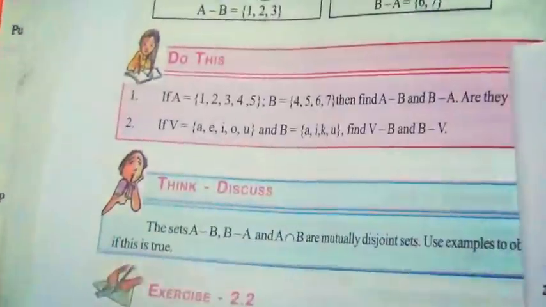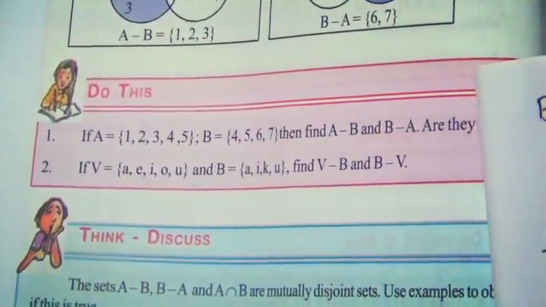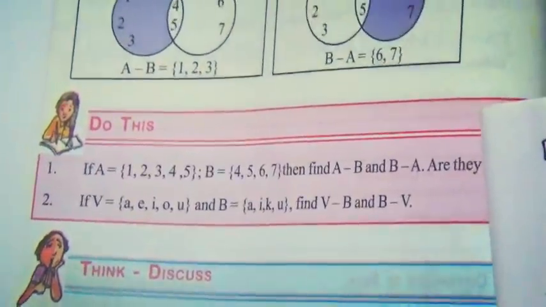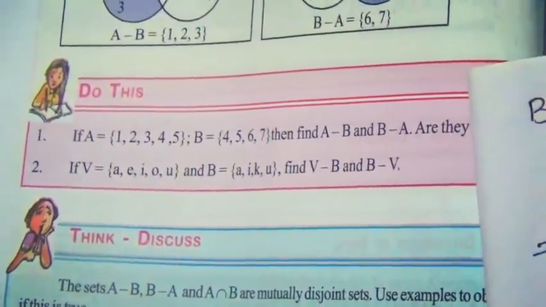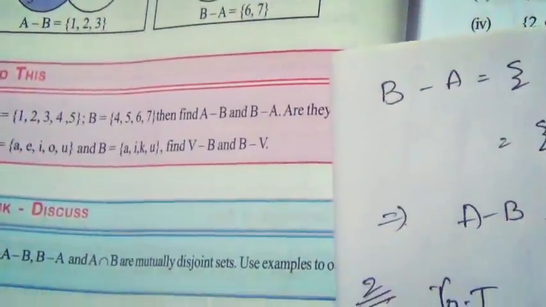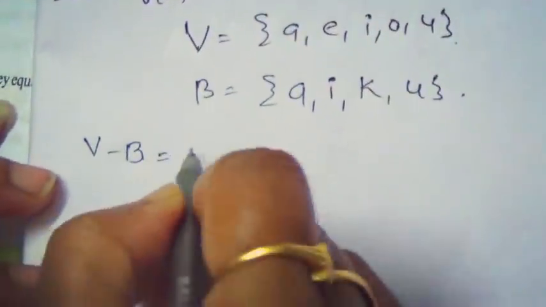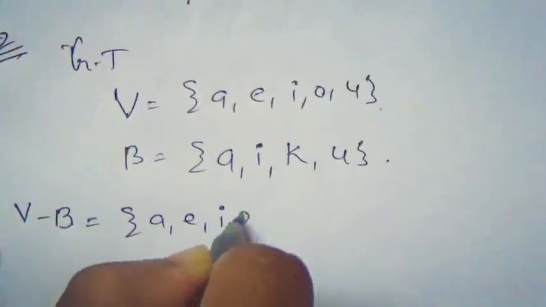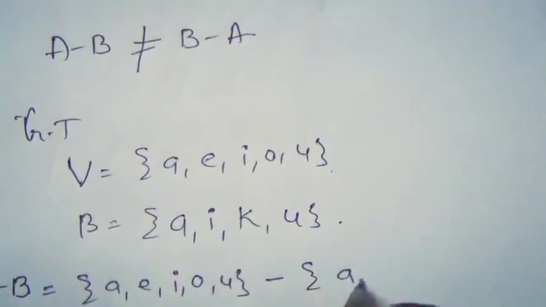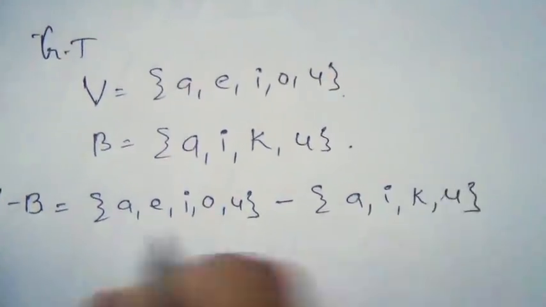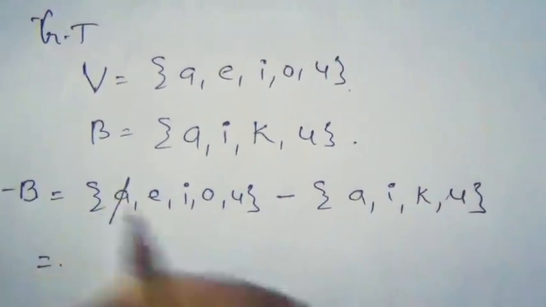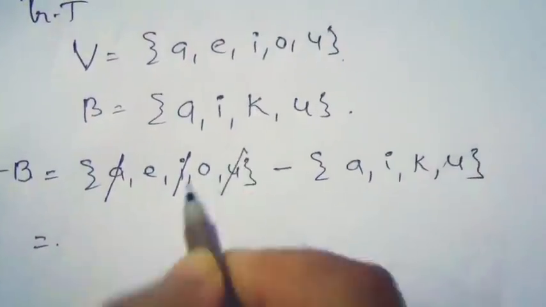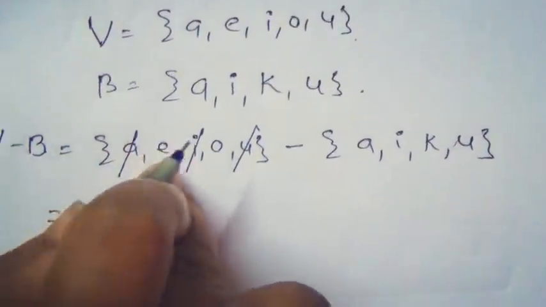Just the above sum, right? So the second sum: given that V is equal to A, E, I, O, U and B is equal to A, I, K, U. So you have to find V minus B. A, E, I, O, U minus A, I, K, U. You strike out the elements which belong to B, that is A, I, U. How many elements are remaining in this first set?